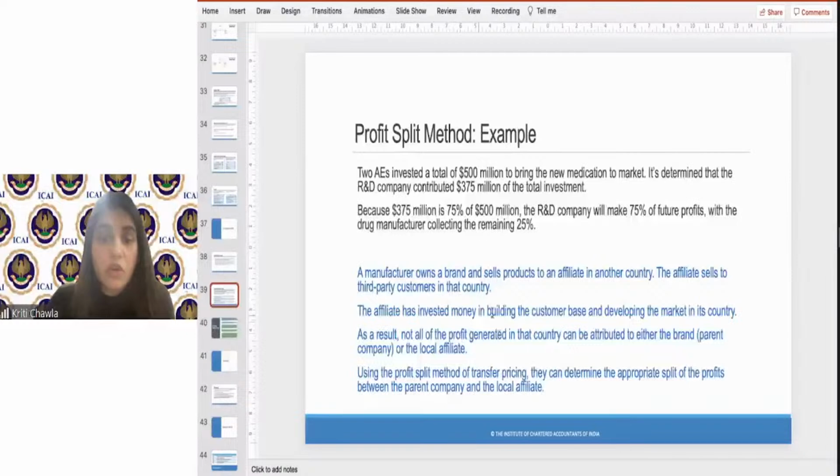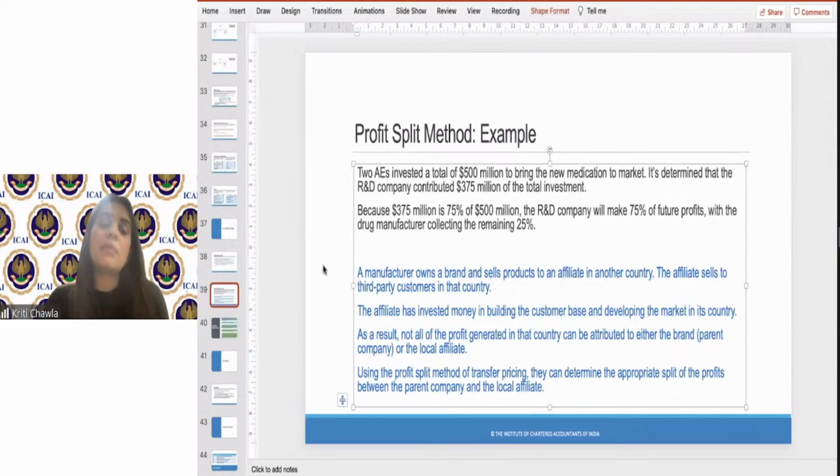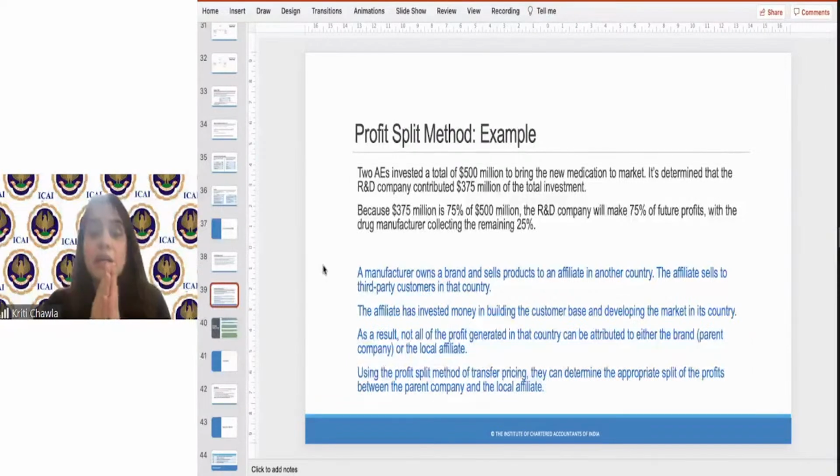As a result, not all the profit generated in that country can be attributed either to the brand or to the local affiliate. The affiliate created the customer base and developed the product, and then sold it to third-party customers.